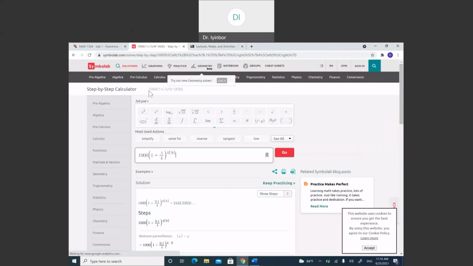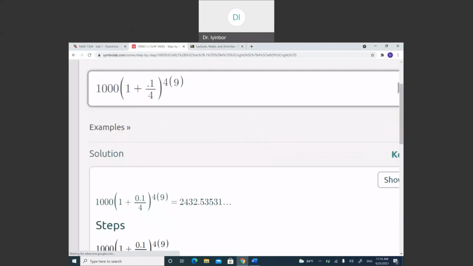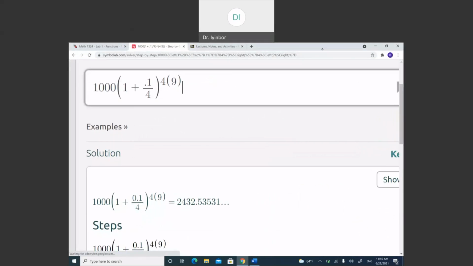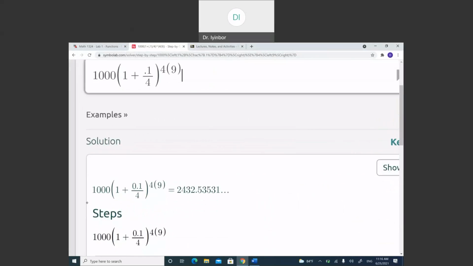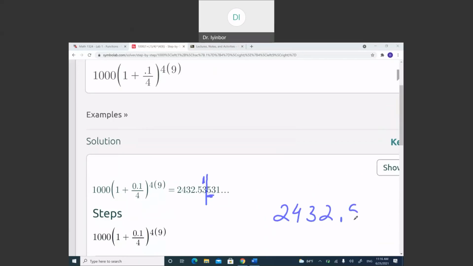So we have this number, and again, when you round, make sure you round to 2 decimal places. So look at the third digit, which is 5. So I'm going to add 1 to 3. So my answer is 2432.54.